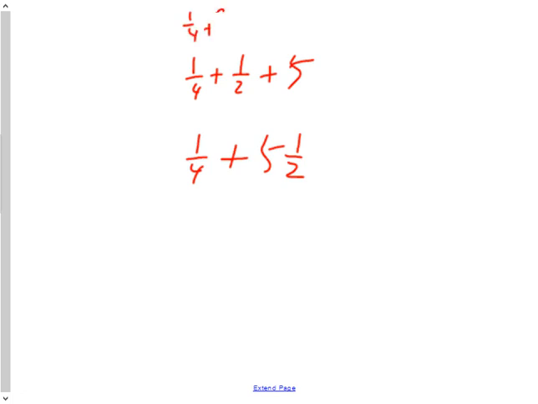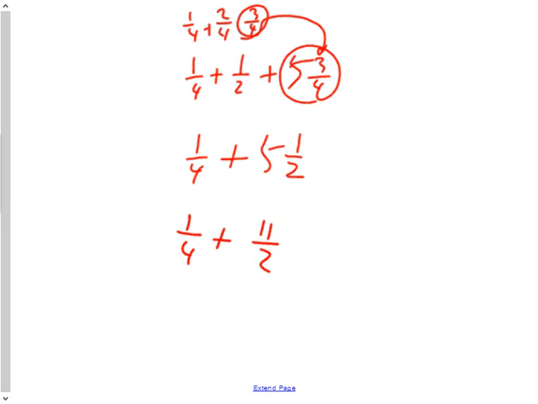Question 6, it says 1/4 plus 5 1/2. Again, you could do the 1/4 plus 1/2 plus 5. This is an acceptable way. Common denominator is 4, so 1/4 plus 2/4 is 3/4. Add it on to your 5, you get 5 3/4. Or you do it the way I like.